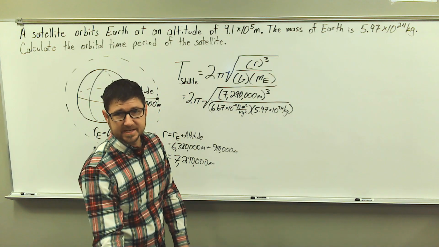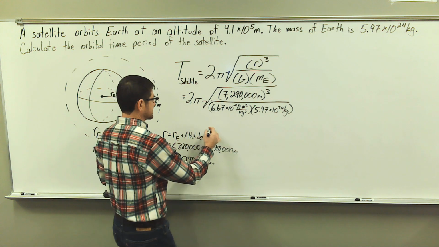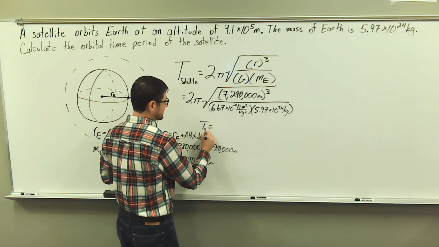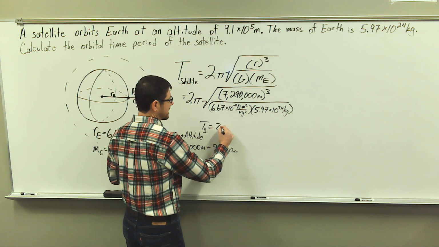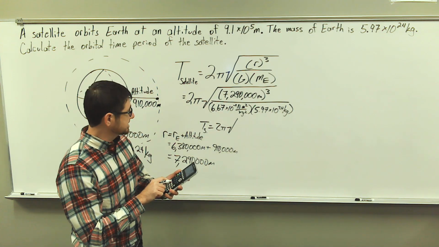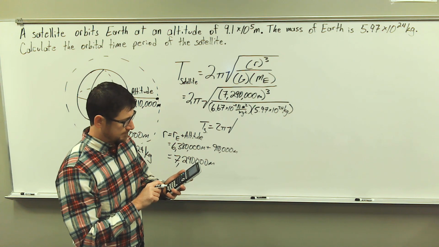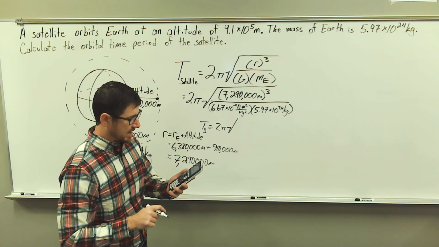Okay, so let's take out our calculator here. Okay, so orbital time period of the satellite is equal to 2 pi. Let's take care of our numerator first. I have 7,290,000. We're going to cube this value.